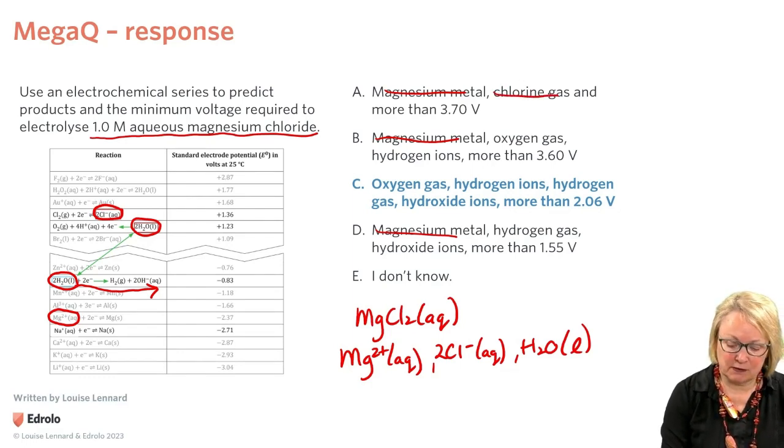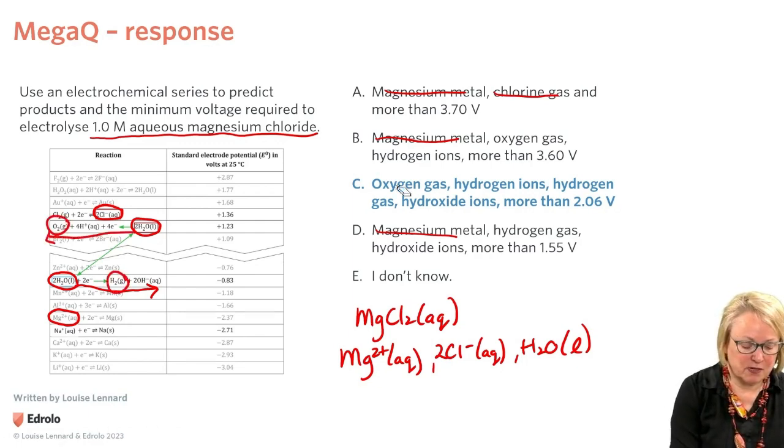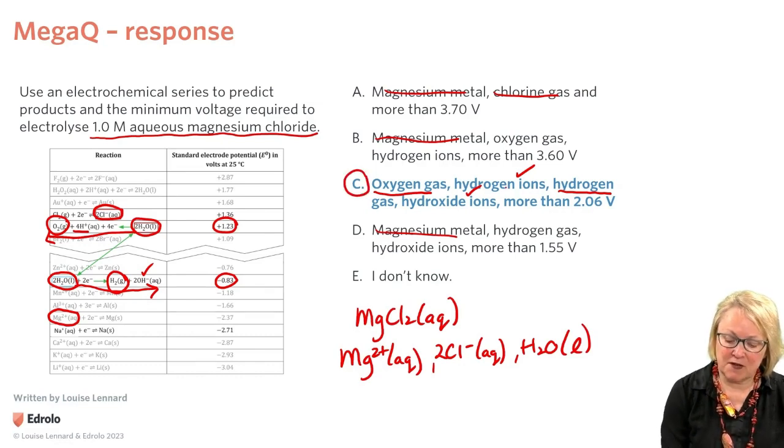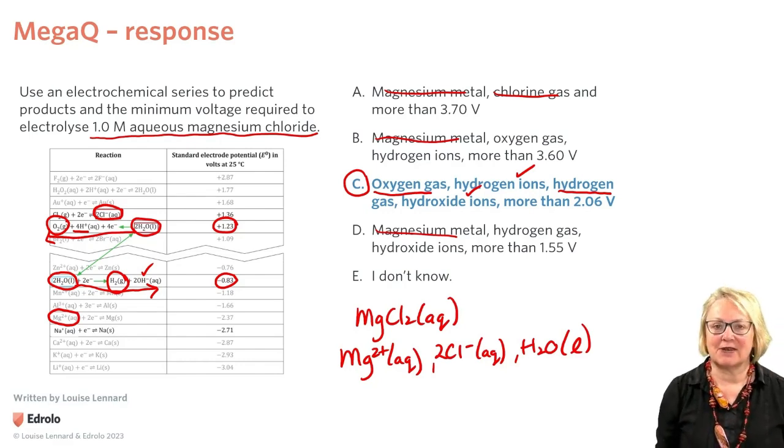So we can eliminate that. So we're going to produce oxygen gas, hydrogen ions, hydroxide ions, and we're going to take more than 2.06 volts. So C is the correct answer. In fact, the hydrogen ions and the hydroxide ions will react to produce water, but C is the correct answer.